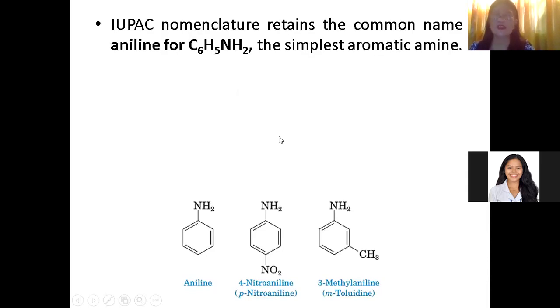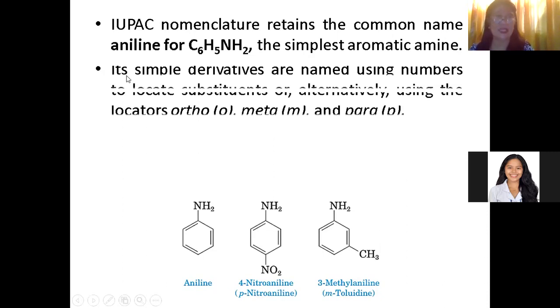So IUPAC nomenclature retains the common name of aniline here for the aromatic, the simplest aromatic amine. Okay, its simple derivatives are named using numbers to locate. Same thing, can you still remember the ortho, the meta, the para? Ortho meaning adjacent, then the meta, there is one in between. The para is opposite.